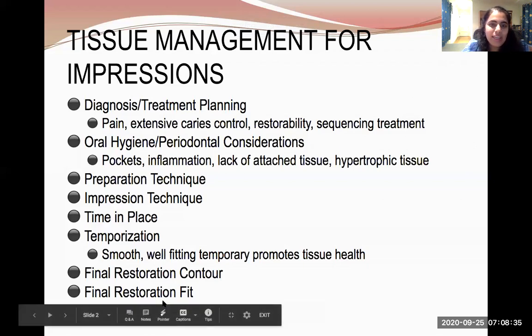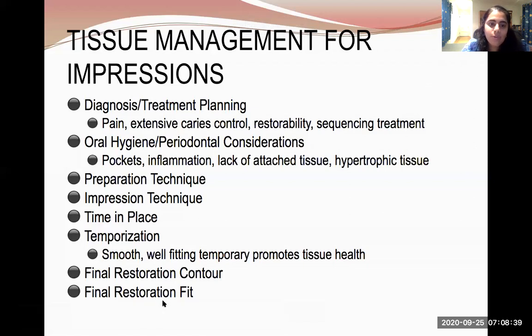So then the next part is the sequencing of the treatment. We need to treatment plan the crown in the right sequence, and if pain is associated with the tooth, then we want to make sure the patient is out of pain. So we get started with the root canal if it's indicated. But in most cases, we always start with perio first.